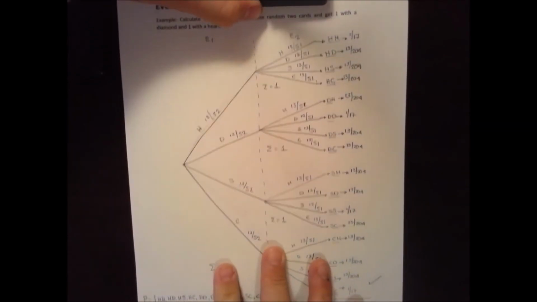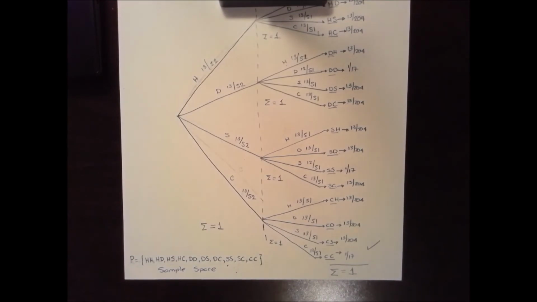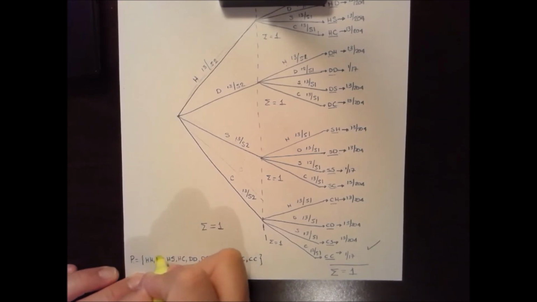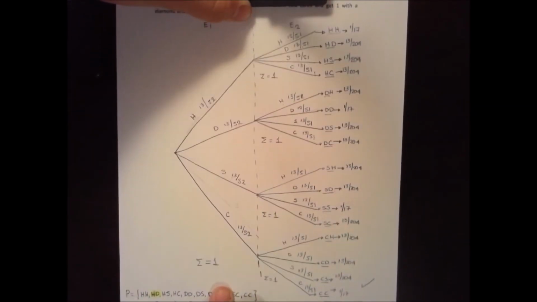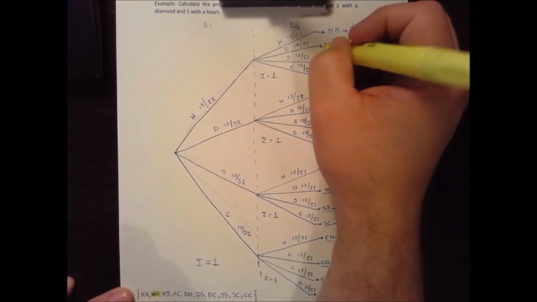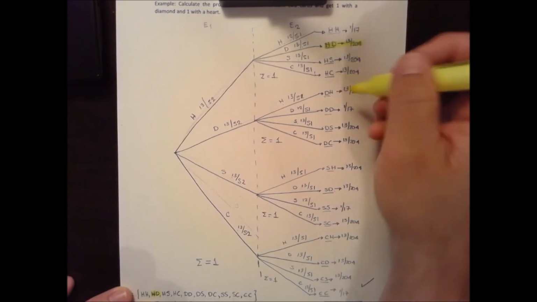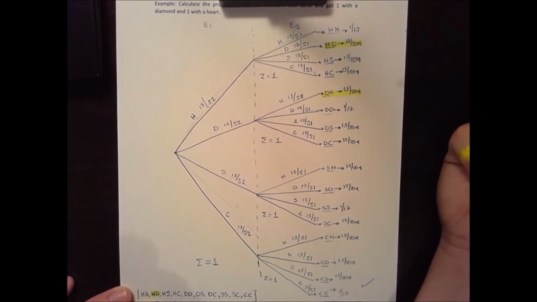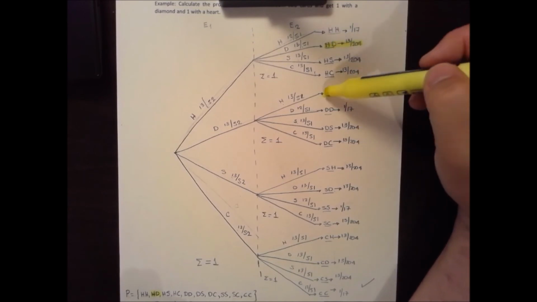So it means that I need to calculate the probability of diamond and heart, or heart and diamond. Right? So let's see where we can have that. In that case it is this, and that one. This and this. That's right. So here is heart and diamond, and here is diamond and heart.